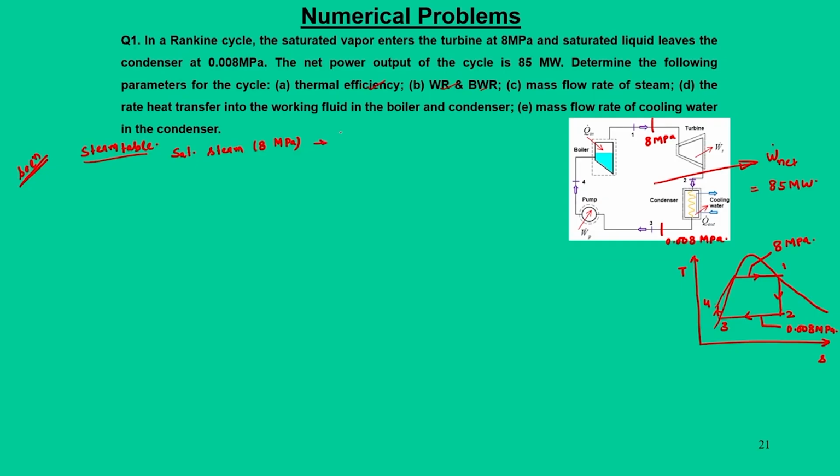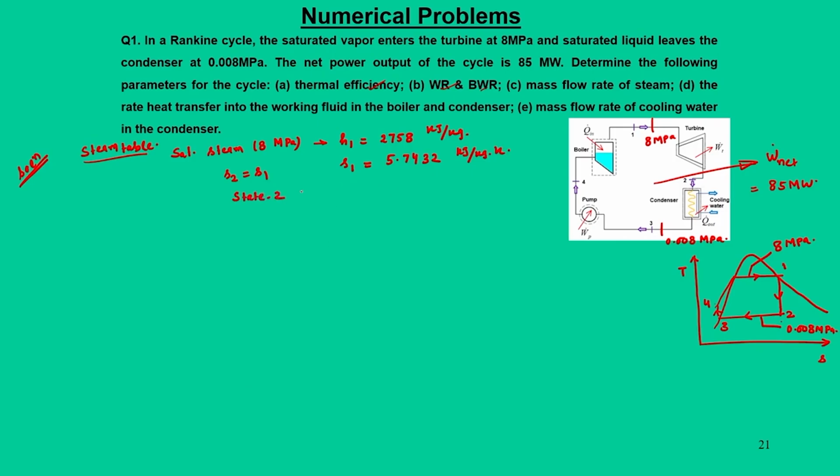At this point we can calculate H1 as 2758 kilojoule per kg, and we also need S1, because to arrive at point 2, S2 is equal to S1. So we need to find S1 at 8 megapascal, and this number is 5.7432 kilojoule per kg Kelvin. So you have H1, S1, then point 2.